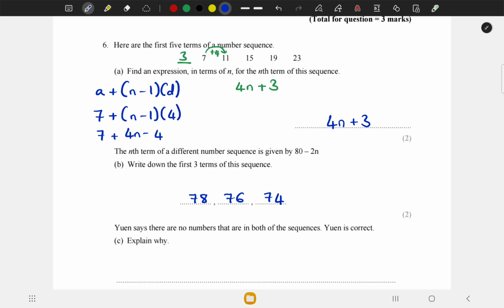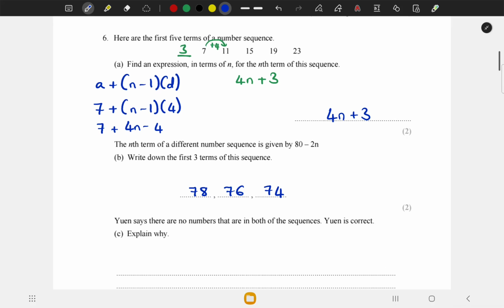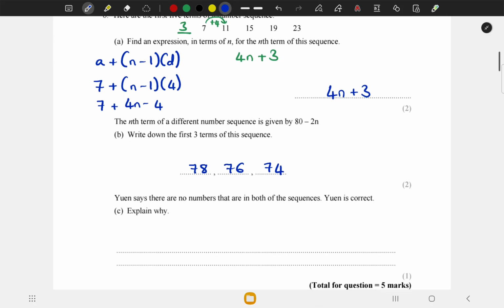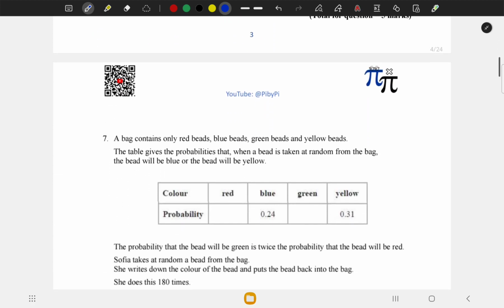So if you compare the 2 sequences that we have, you notice that the first sequence was made up of odd numbers, whereas the second sequence is made up of even numbers, and so he is correct because sequence 1 has odd numbers, whereas sequence 2 has even numbers. And so we will not have a number that is common in both the sequences. Moving on to the next question.